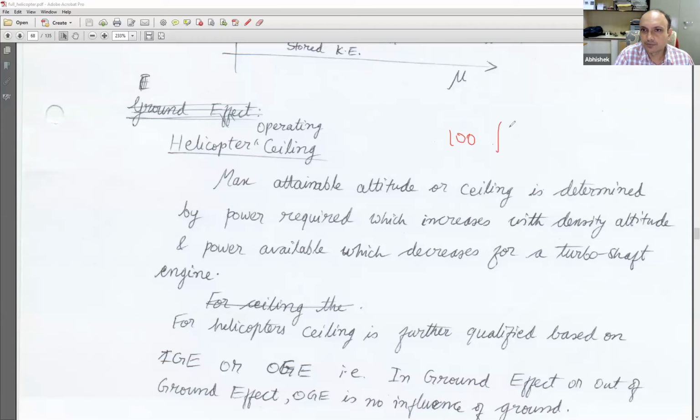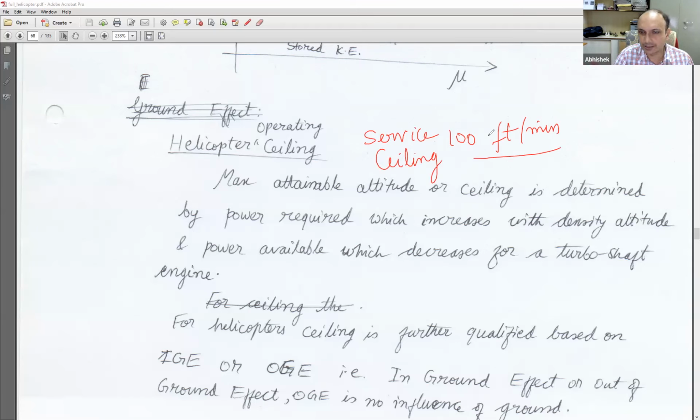That is the requirement for service ceiling. Now, absolute ceiling is where you have zero climb rate. That is, climb rate is absolutely zero.